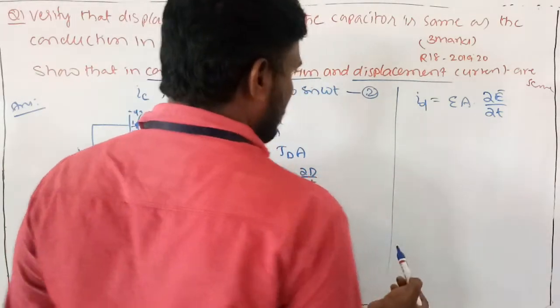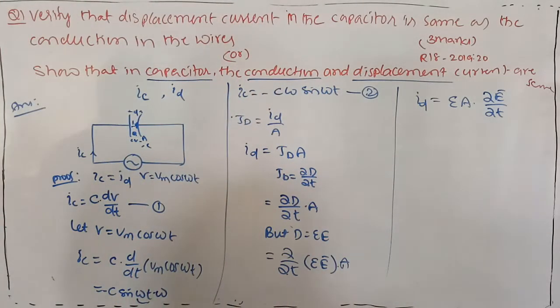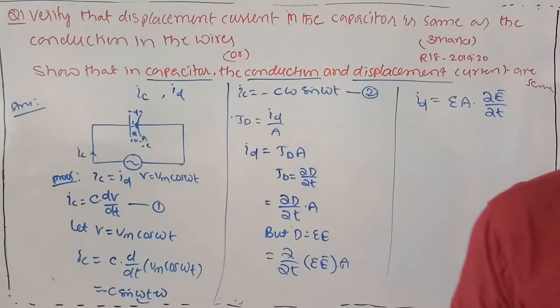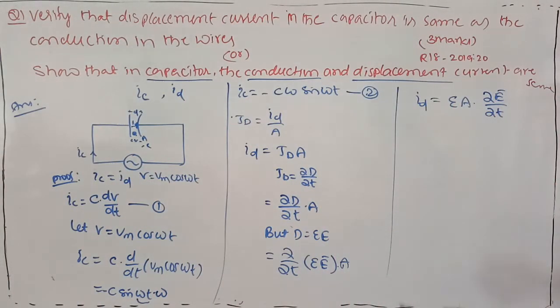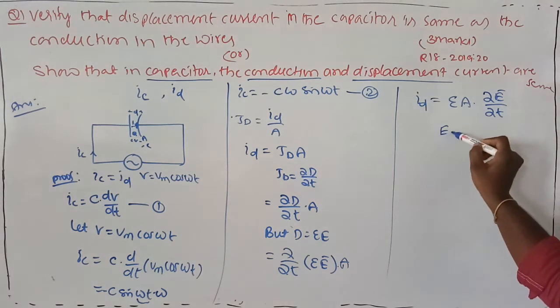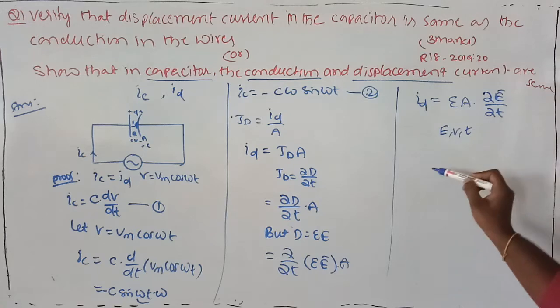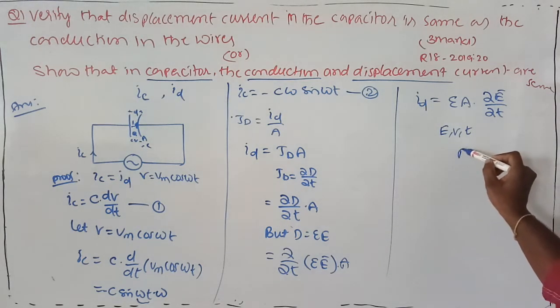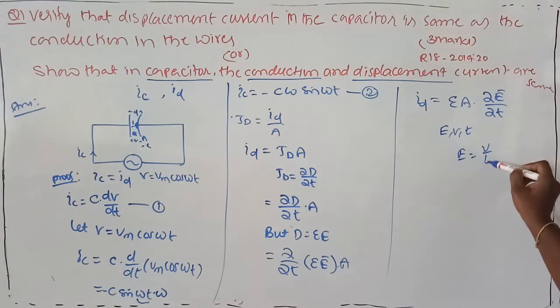Now what is E here, or E in terms of V? What is the relation between E and V and d here? The relation is E is equal to V by d.